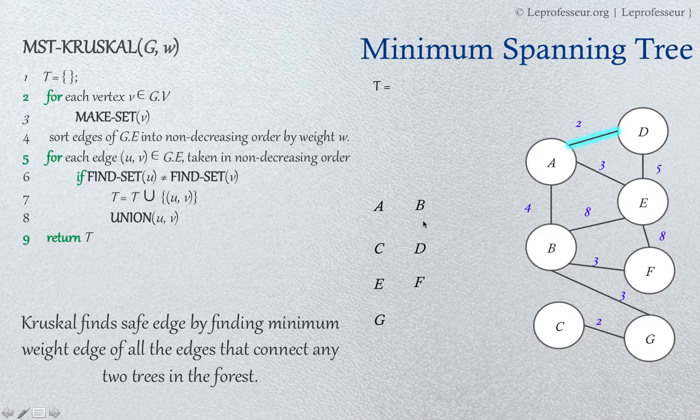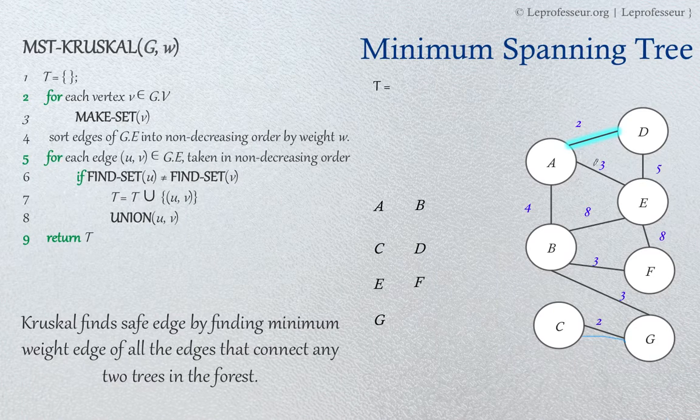Now after sorting the edges, we find edge A and D and edge C and G. These two edges have the lowest weight. So let's pick A and D first.